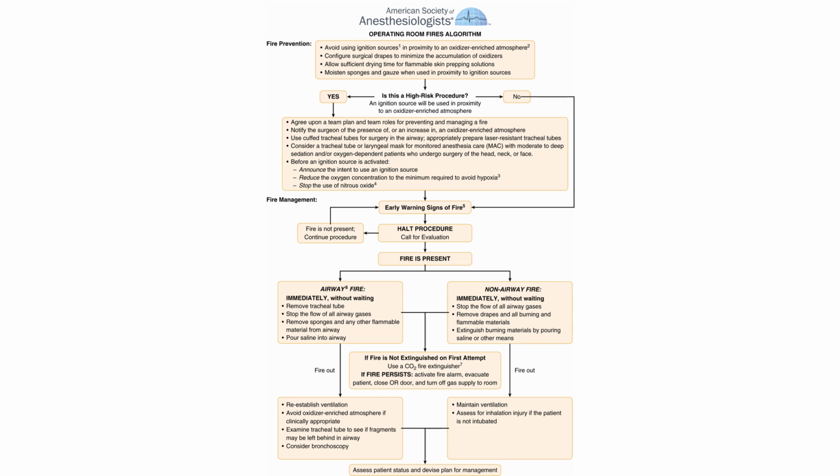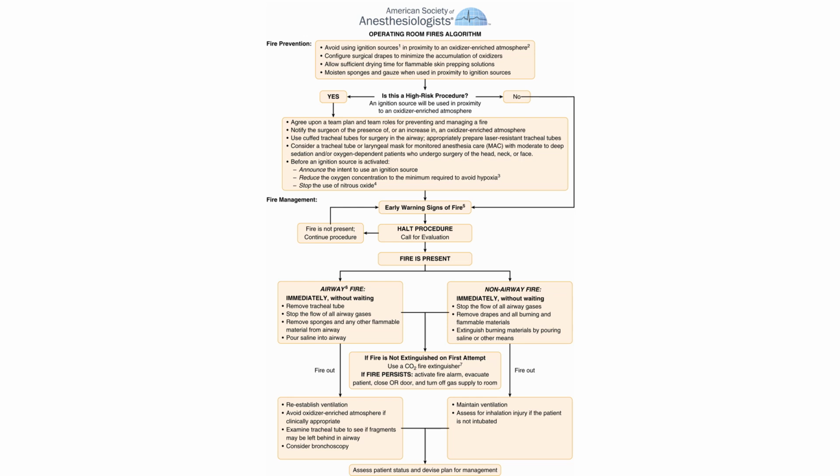So let's say, despite all your careful prevention strategies in the last slide, you have an OR fire. This ASA algorithm goes through how to manage it. First is an airway or non-airway fire. For an airway fire, immediately remove the endotracheal tube and stop the flow of all airway gases. Then pour saline into the airway.